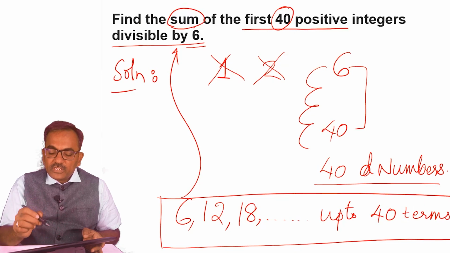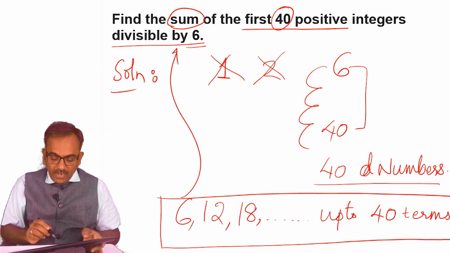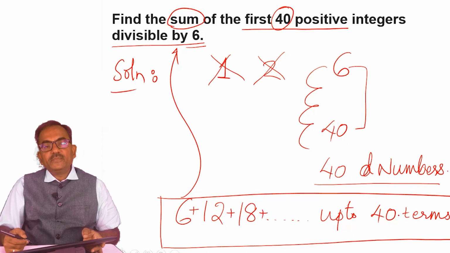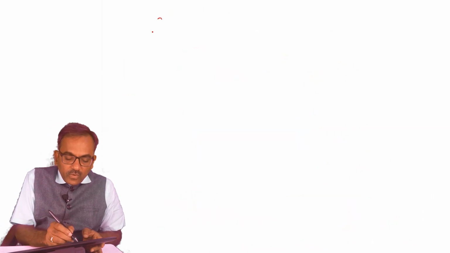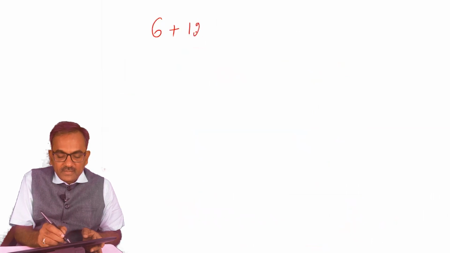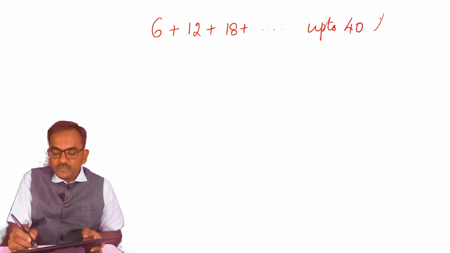Find the sum of the first 40 positive integers divisible by 6 is nothing but 6 plus 12 plus 18 plus up to 40 terms. Now let's start solving this. So this is 6 plus 12 plus 18 plus up to 40 terms.